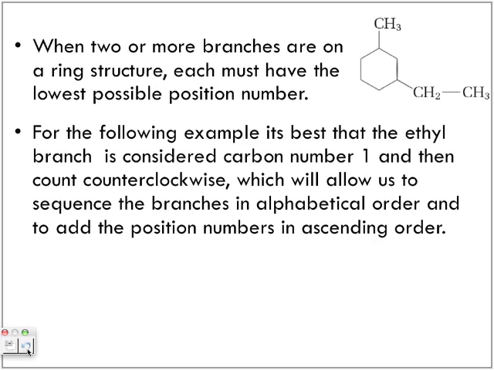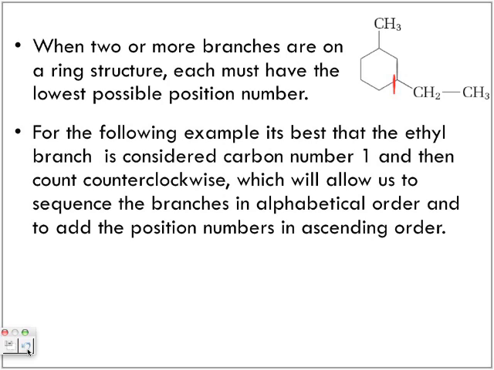Okay. Now, for the following example, it's best that the ethyl branch is considered carbon number 1. So ignore the way I numbered it. We started up here, but because of the ethyl group, we want to consider it first. So we're going to number this as the number 1 carbon. After we've identified our number 1 carbon, we have to figure out, are we going to go clockwise or counterclockwise in counting the next carbon.